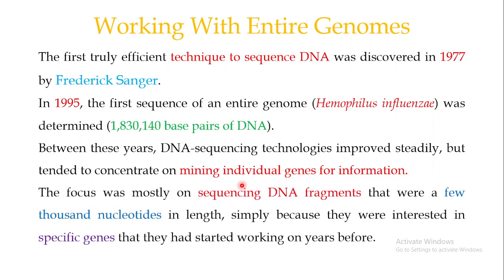So the focus of these technologies in the beginning was mostly on sequencing DNA fragments a few thousand nucleotides in length, simply because they were interested in specific genes. The scientists were focusing on a single gene, which was the subject of their research, and they would start sequencing those specific genes that they had worked on for years before.